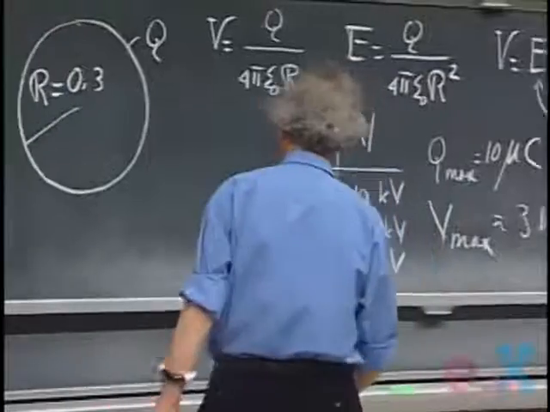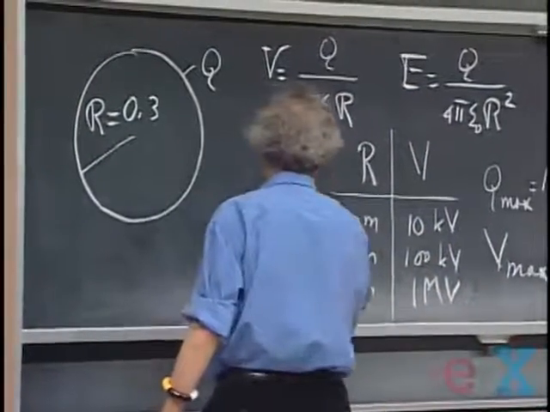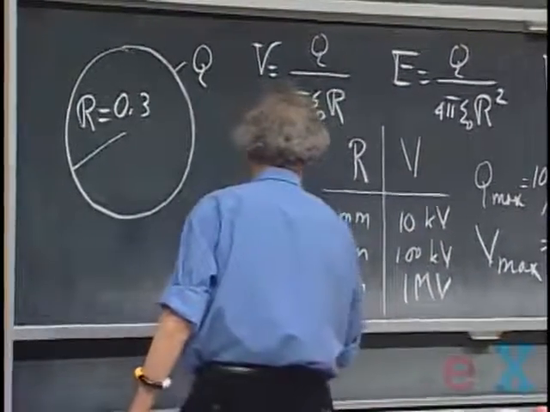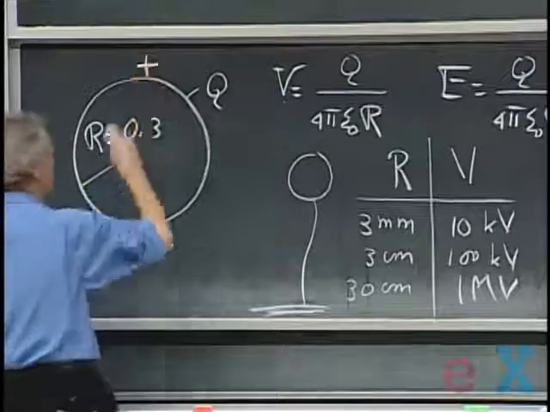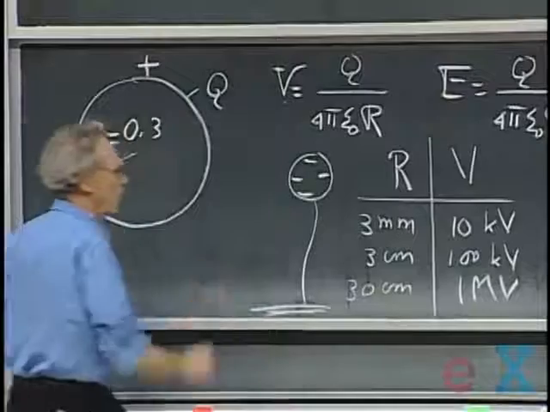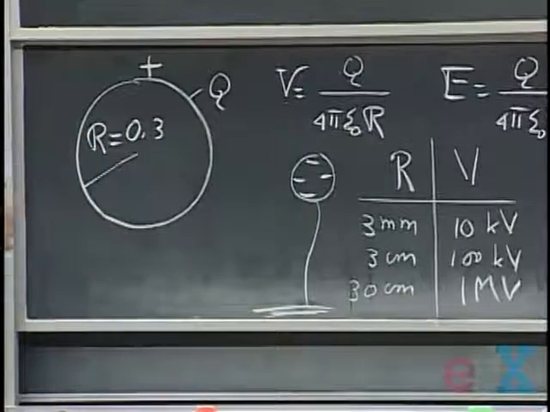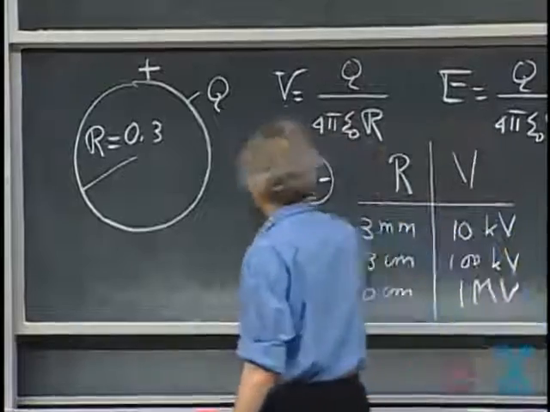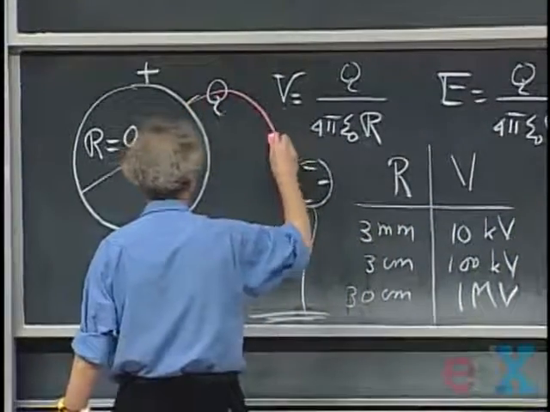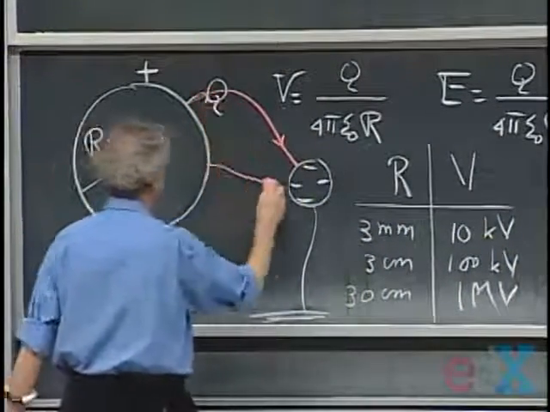If here's my Van de Graaff, and I approach it with a sphere which is connected to the Earth, and if this Van de Graaff had positive charge on it, then this sphere will become negatively charged through induction. And so you get field lines which go from the Van de Graaff to this object, always perpendicular to the equipotentials.